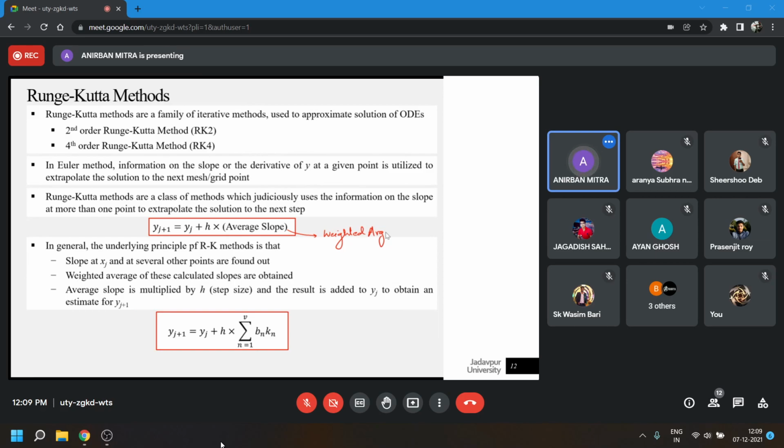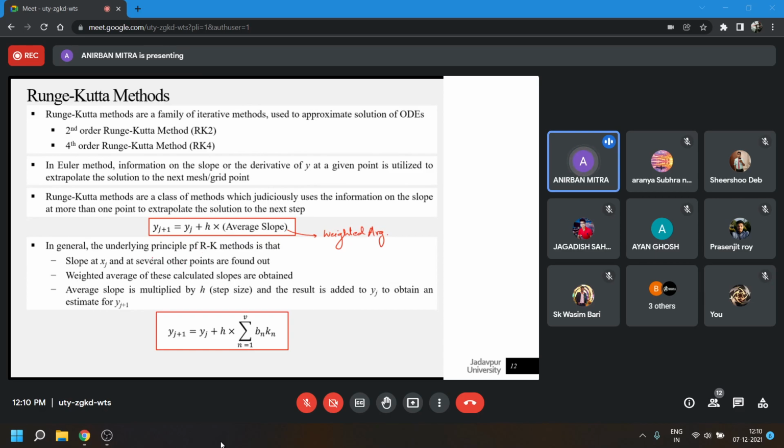So basically we can write it like this. This is the general formula for RK method, where y_{j+1} is equal to y_j plus h multiplied by the summation of n varying from 1 to v of b_n k_n. Here n is basically indicative of the number of points that we are going to consider.